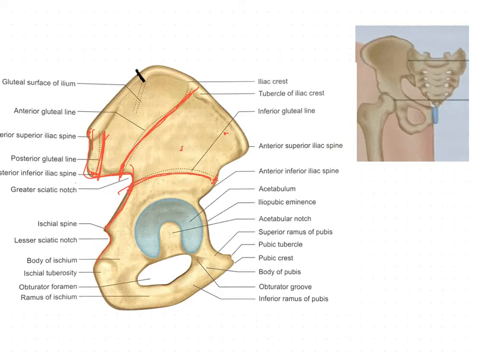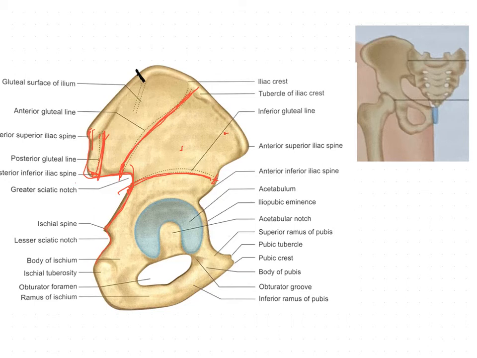So all these lines end at the borders of the greater sciatic notch only. These are the important features we can see on the gluteal surface.